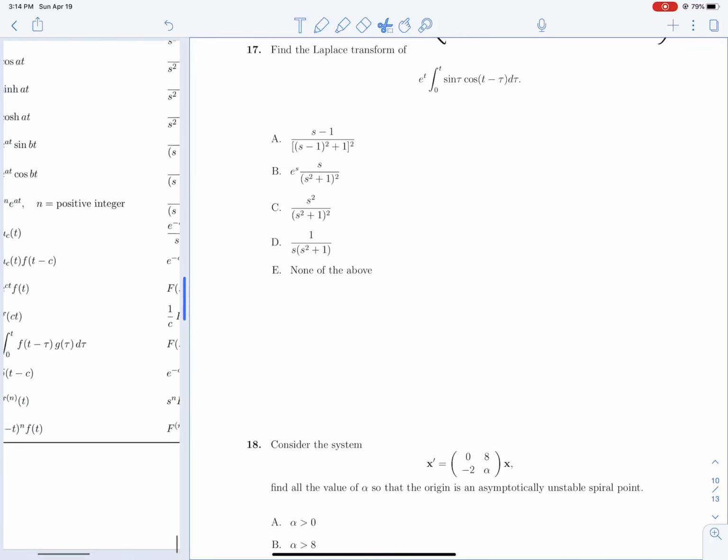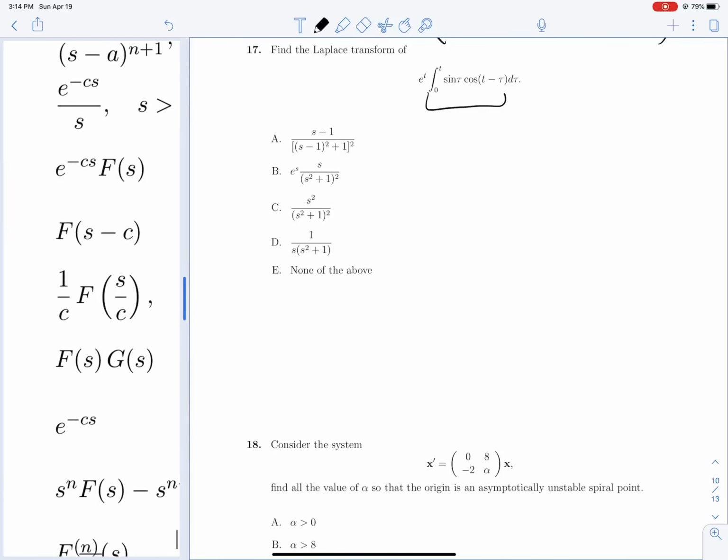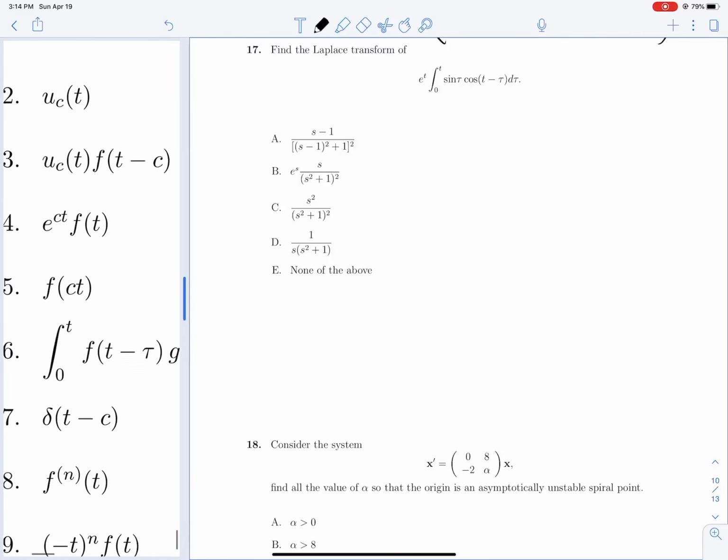And then we know that the Laplace transform of this whole bit that's multiplied by e to the t will just be the Laplace transform of f of t, where f of t is this guy right here. Our f of t is cosine of t minus tau, but we'll remove that minus tau, so cosine of t.